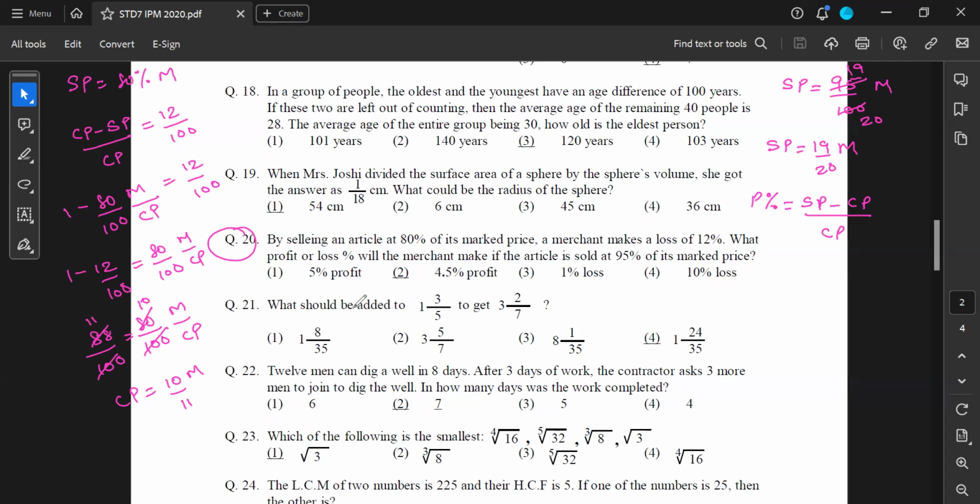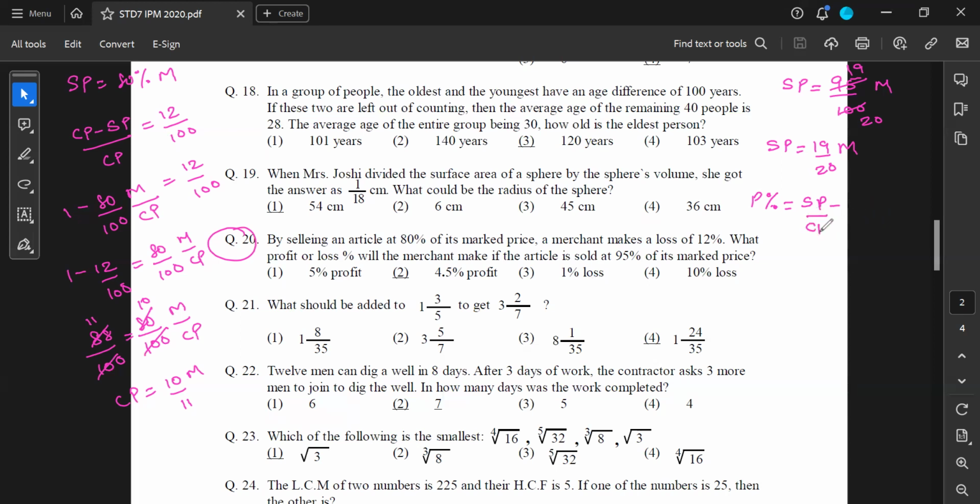Over here, profit percentage I'm going to calculate now. So SP is 19 upon 20, and M is everywhere. SP minus CP upon CP, instead of writing that, I'll divide by CP on both sides.